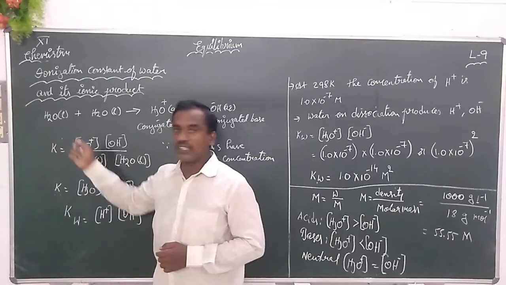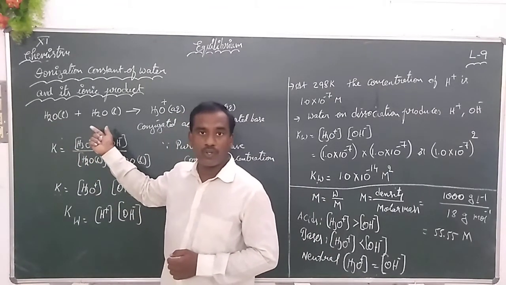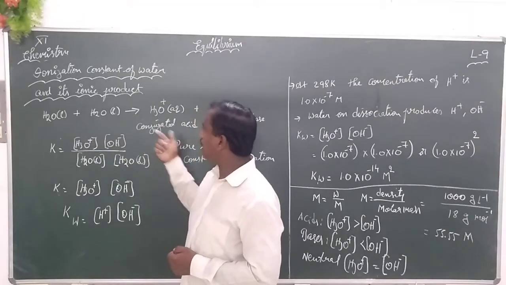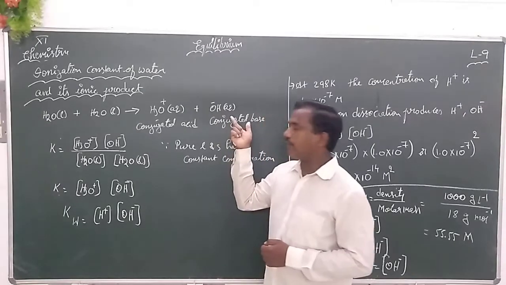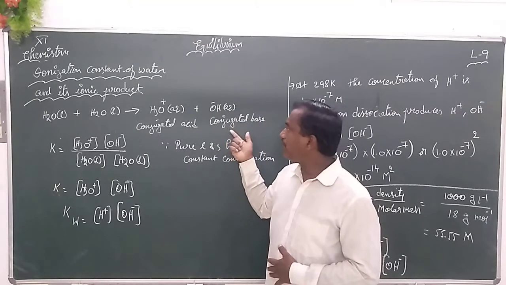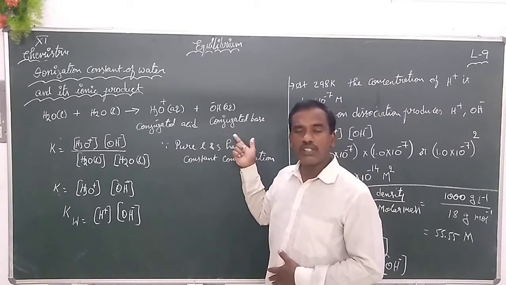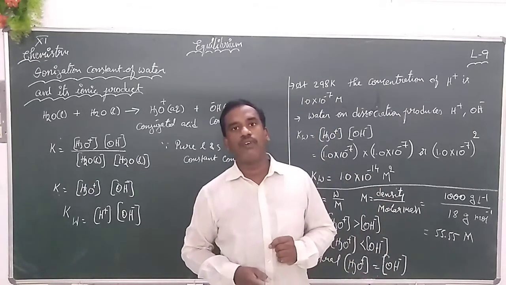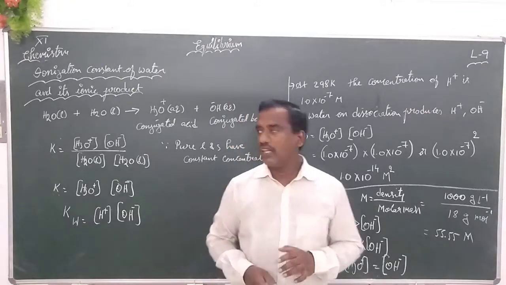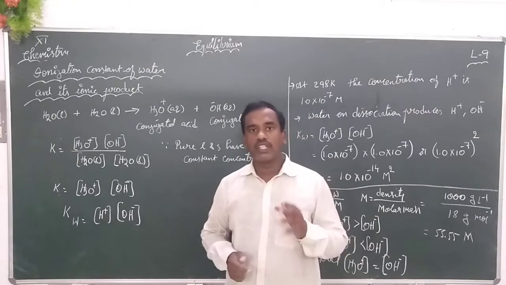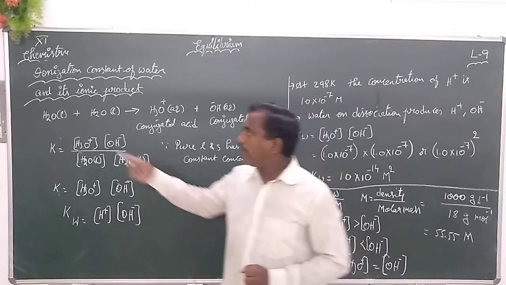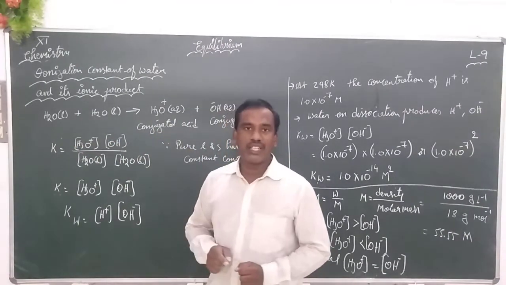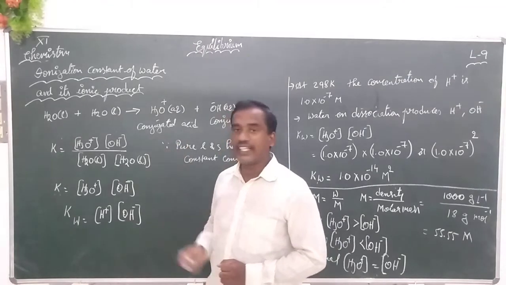It got the H plus ion from another molecule of water, which remains as the conjugate base, OH minus. This conjugate base is more basic than the conjugate base formed by a very strong acid. In this case water is acting as basic in nature, forming H3O plus, which is called the conjugate acid.